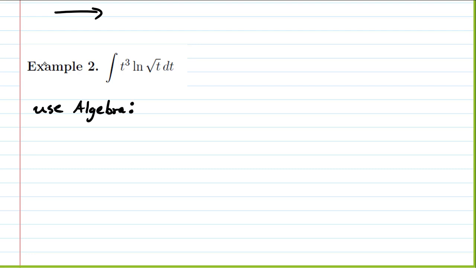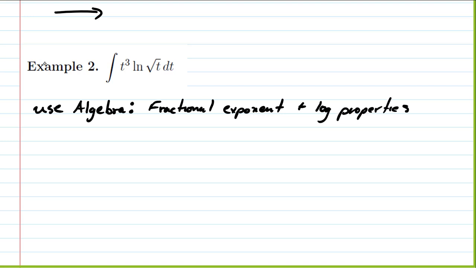So the 2 things we're going to need are our fractional exponent plus log properties. So our fractional exponent is, if we have the square root of x, that is the same as x raised to the 1/2 power.